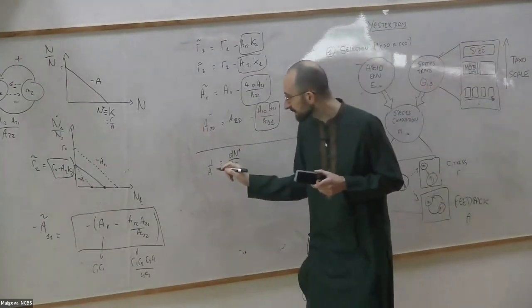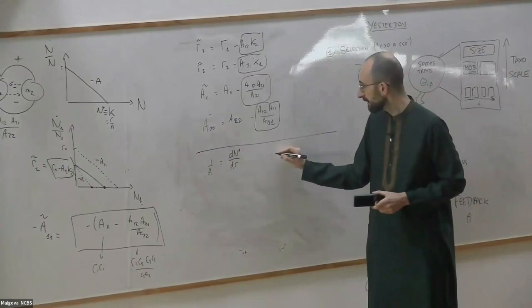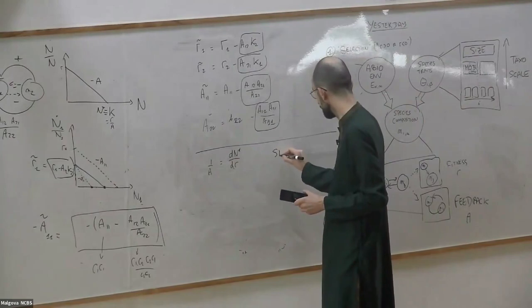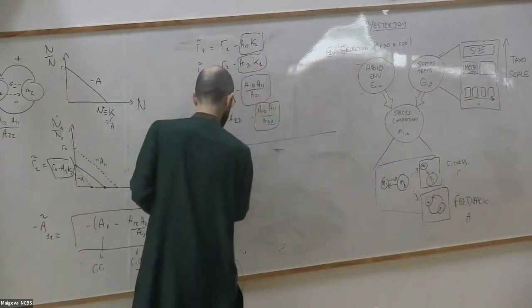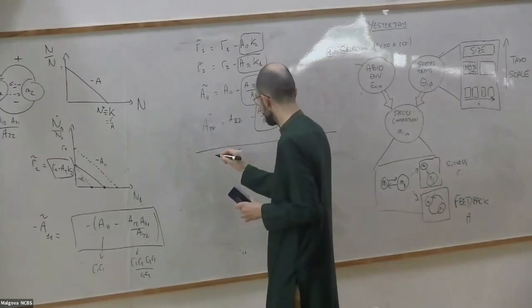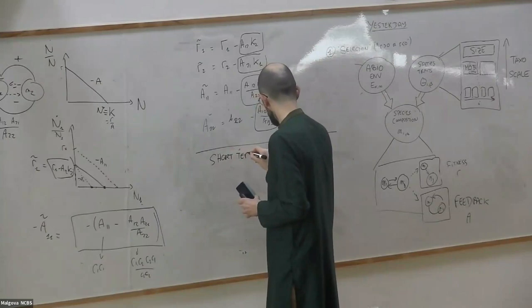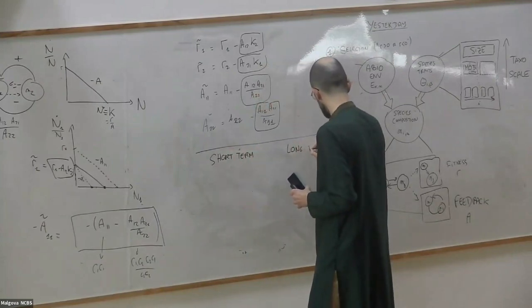And so you have this interesting thing that maybe you notice in the logistic growth, that in the dynamics, in the short term, let's say, I'm going to write it this way, sorry. I'm going to do something short term and long term, and then you'll understand what I mean.